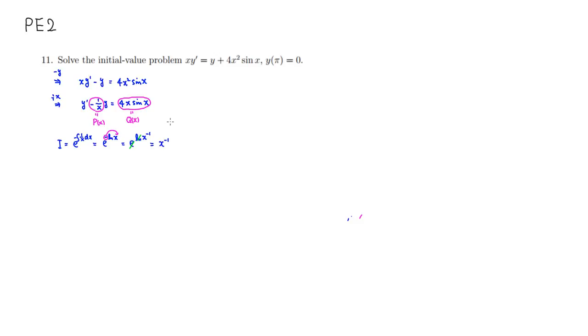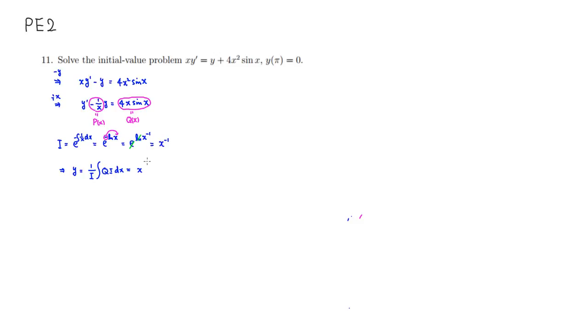Once you've done that, the solution y can be written as 1 over I times the integral of q times I with respect to x. So the reciprocal of the integrating factor: x to the negative 1 is 1 over x, and if you take the reciprocal of that, you just get x.